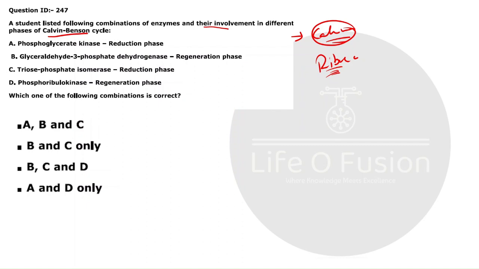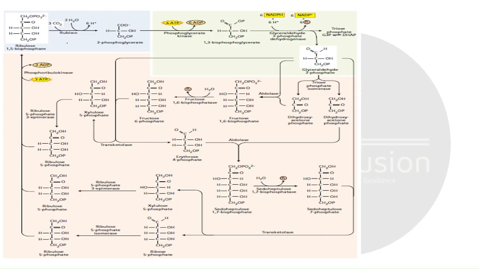So remember this pathway: ribulose 1,5-bisphosphate through the enzyme Rubisco undergoes degradation and then regeneration. So this Calvin pathway has two steps. One is the reduction step and one is the regeneration step.